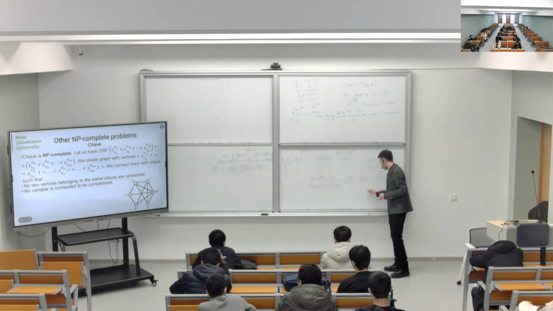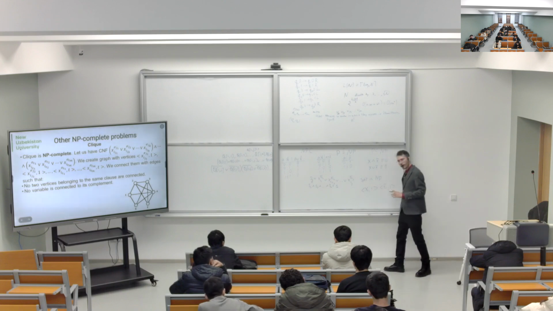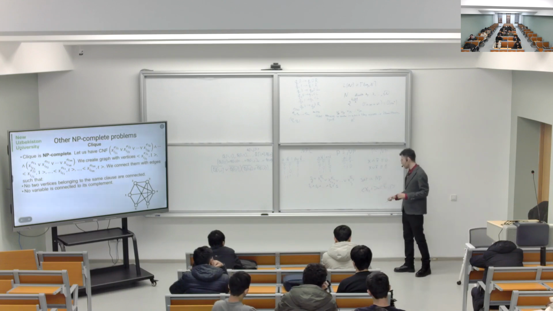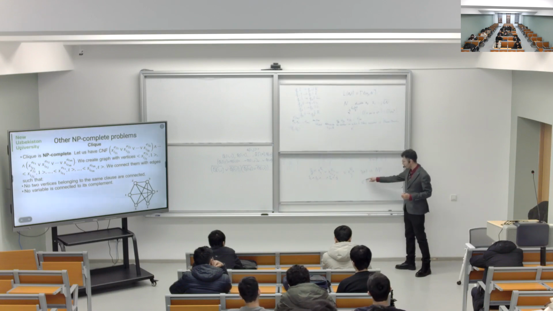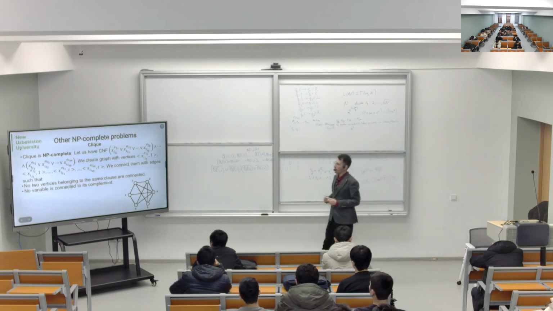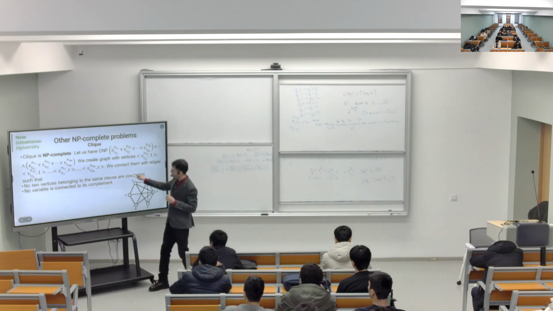We will not have x1 in one clause connected to not x1 in another. They are not connected. So if we have one variable as it is and the same variable as a complement, we don't connect them. And all others are connected. So we just disconnect those things and the others will be connected.